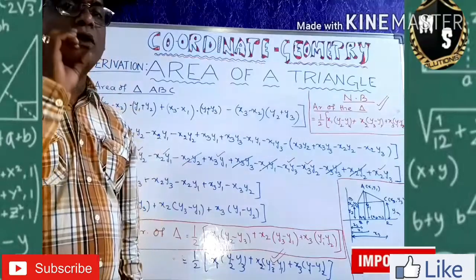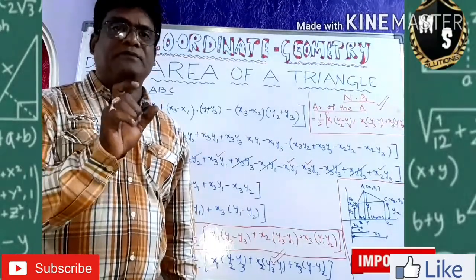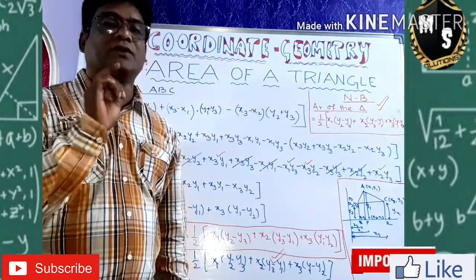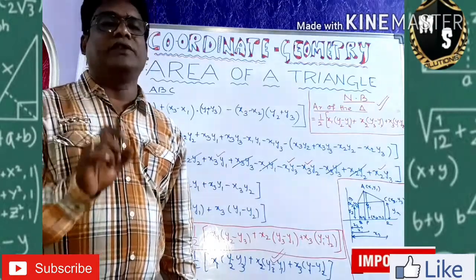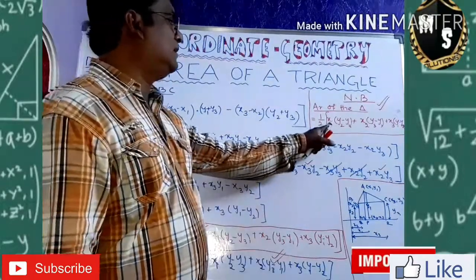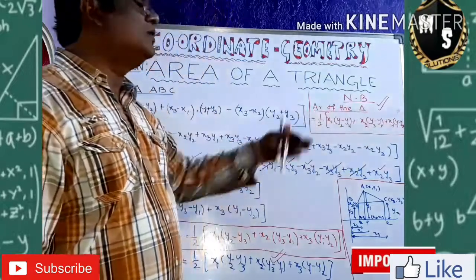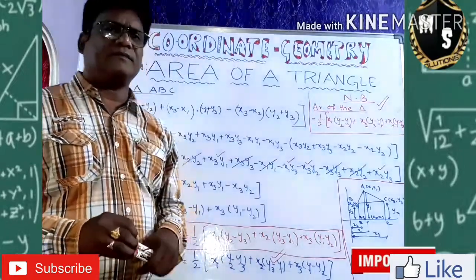Then you have to put the numbers. What is the number I said to you? 123, 231 and 312. Here it is written 123, 231 and 312. This is called the area of the triangle.